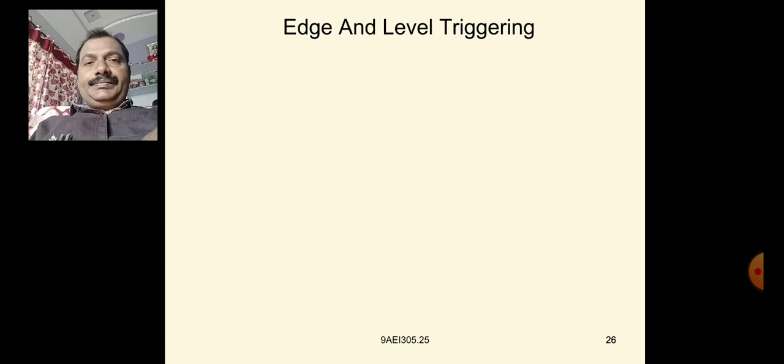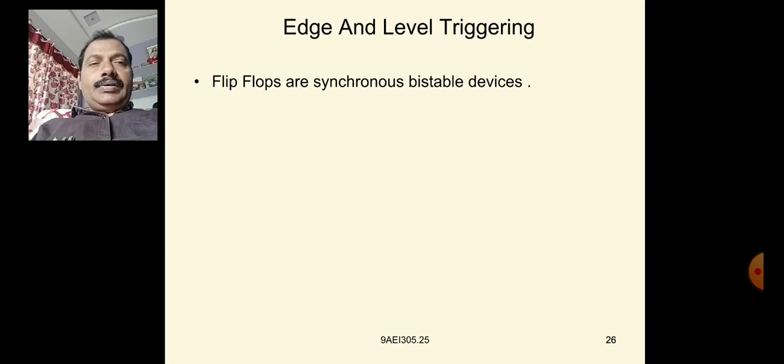Triggering is activating the circuit. The clock always decides the functionality of the circuit. Hence, there are different types of triggering mechanisms used.